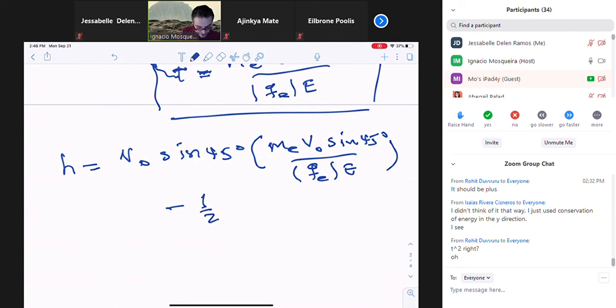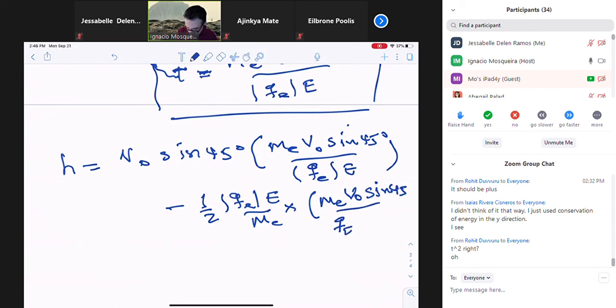And now it's AY, and AY is QE E divided ME times time squared, which is this thing here I just wrote above, but squared. ME V0 sine of 45, and then divided by QE E, and then I have to square this whole thing because it's t squared for the second term.